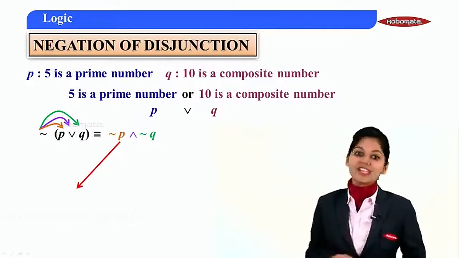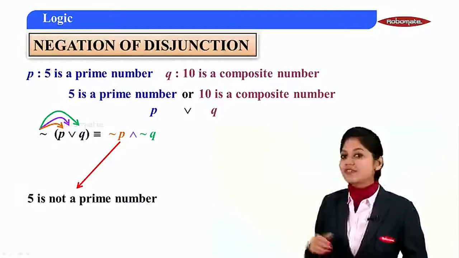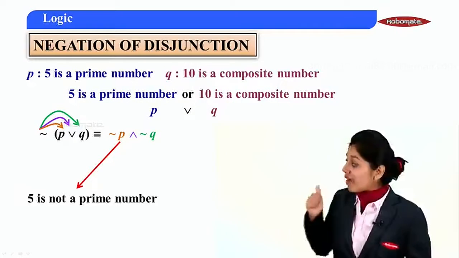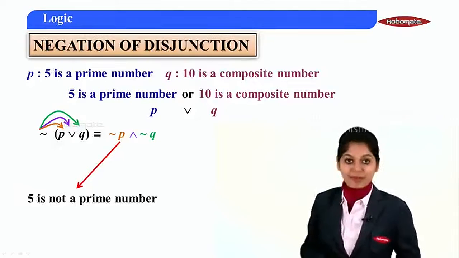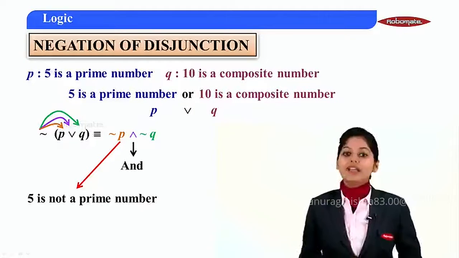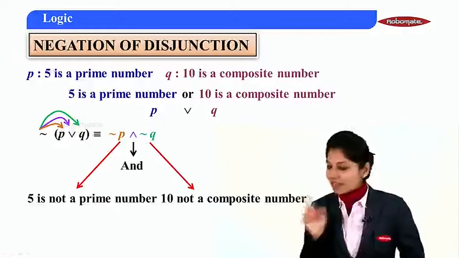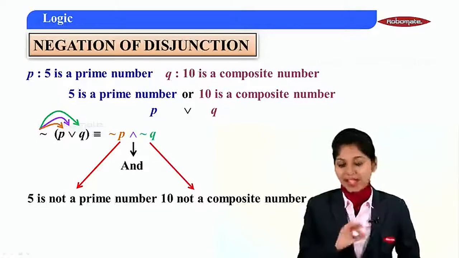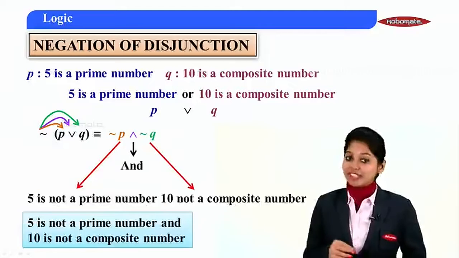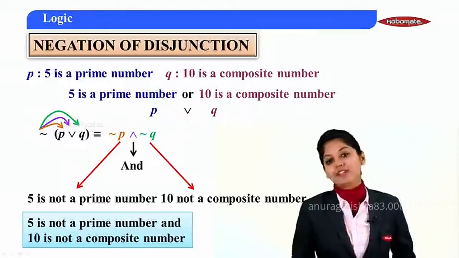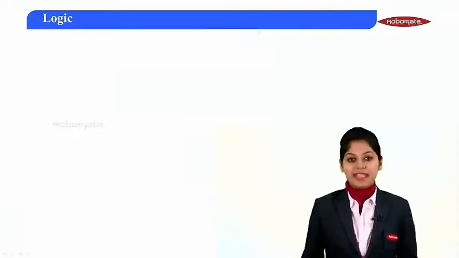For negation P, we know P is 5 is a prime number. Therefore, negation P will be 5 is not a prime number. And for negation Q we will write 10 is not a composite number. Understood? And therefore our statement will be 5 is not a prime number and 10 is not a composite number.